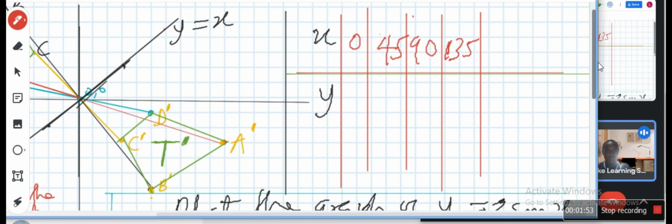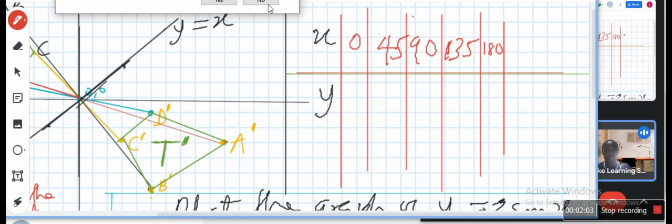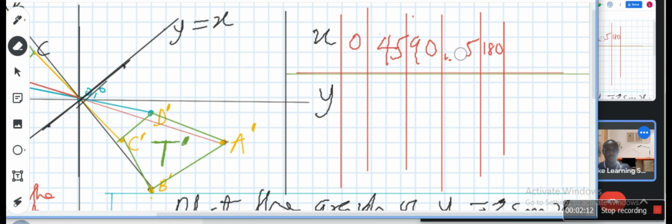Okay, so when x is 135, what will be y? When x is 180, what would be y? It's not a big deal. You will easily get all that. When x is 180 plus 45 should be, this one I wrote as 135, shouldn't have been 135. 90 plus 45 is 135.